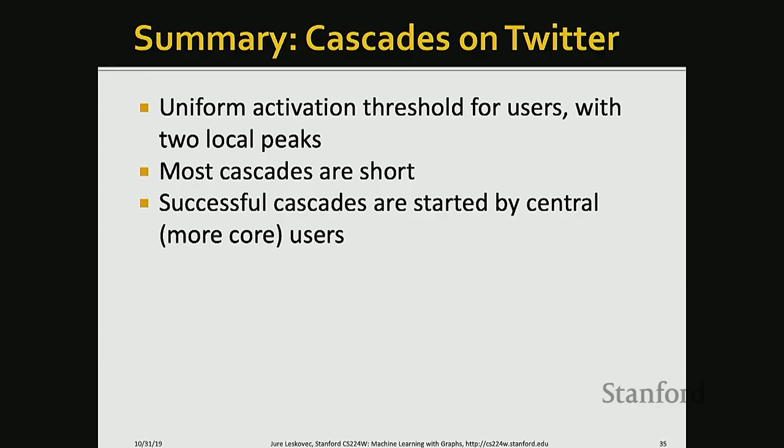We also saw that most of the cascades are short. This is very intuitive. A lot of them will just die very quickly. And the successful cascades are started by central, more core users in this case, but as we discussed, you can find a different centrality measure here, and there is a high chance that you will also find very similar correlation levels.